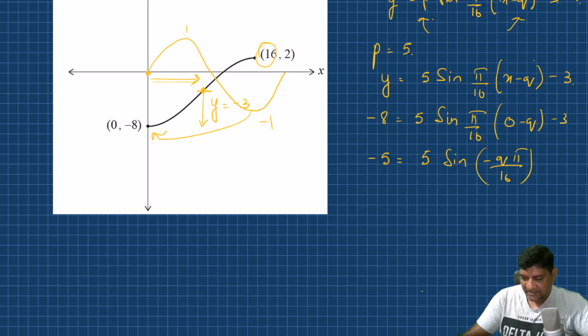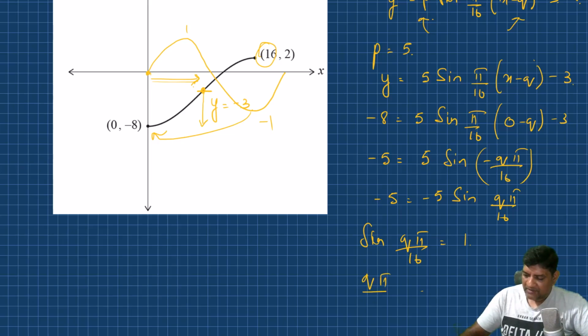So that's minus 5 sine of q pi by 16. So negative and negative will get cancelled, so you will end up getting sine of q pi by 16 as equal to 1, which means q pi by 16 is going to be pi by 2. Pi will get cancelled, 2 ones are 2 8s. That will give me the value for q as equal to 8.